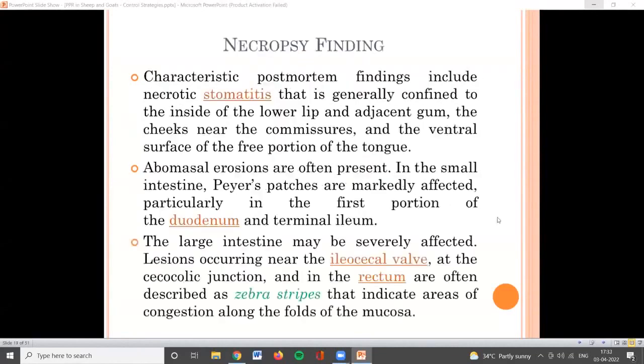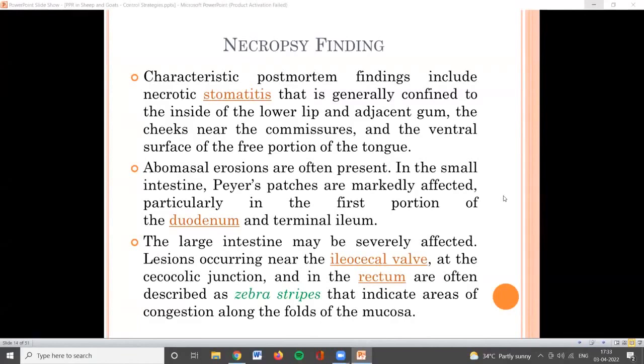Necropsy findings. If in a herd of 50 animals there is death of 2-3 animals, then we should conduct the PM of the recently died animals, and we could find necrotic stomatitis on the lower lip and adjacent gums, cheeks near the commissure, and ventral surface of the free portion of the tongue.